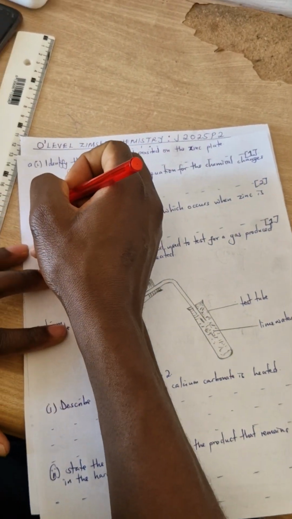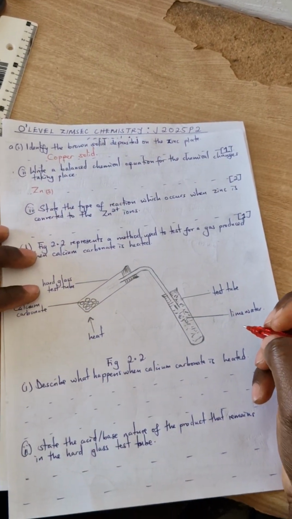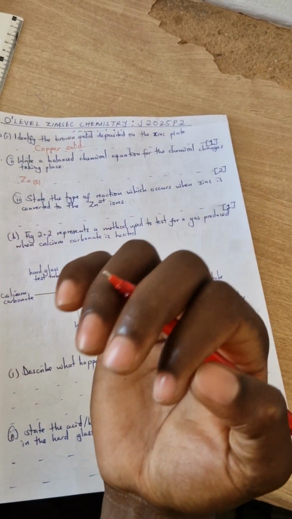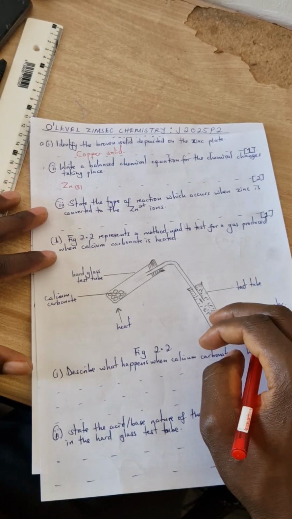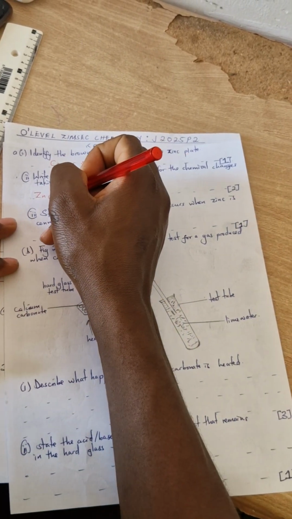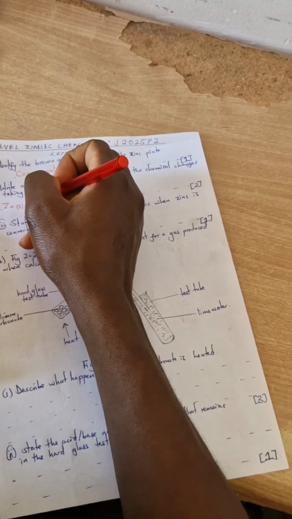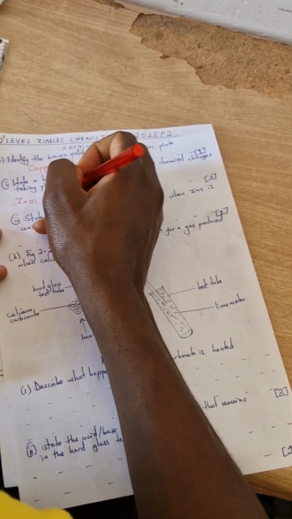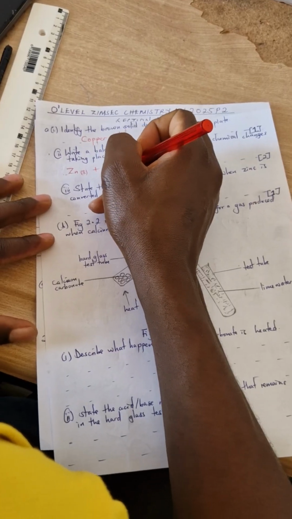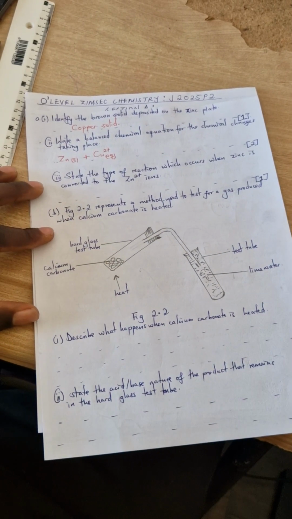We have zinc, which is a solid, plus the copper 2+ ions, because these are the ions taking part in the reaction.